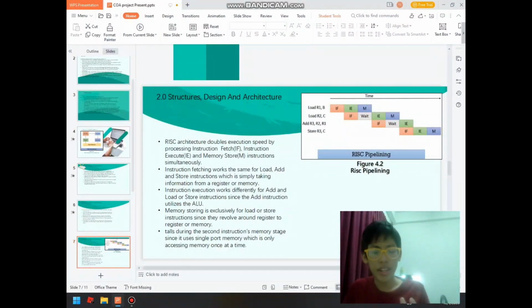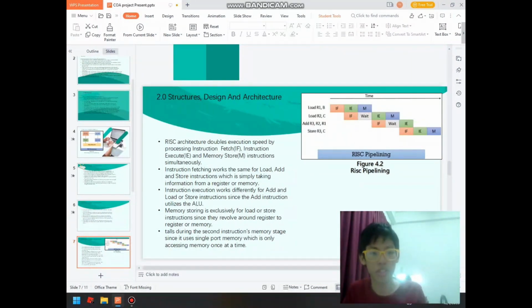So it doesn't want to do all these things by cycle. If you have to do it by cycle, it's going to take forever. So you might as well have it do it at the same time. So for example, you can see in its second stage there, IE and IF, instruction execute and instruction fetch cycles, are run simultaneously. So this doubles the speed.